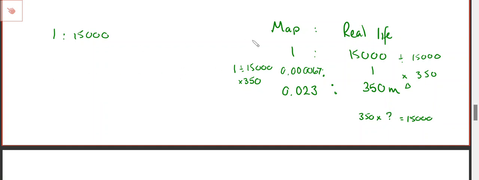Well, that means if in real life it was 350 meters, that's real life. On the map, it would be 0.023 meters. Does that make sense?